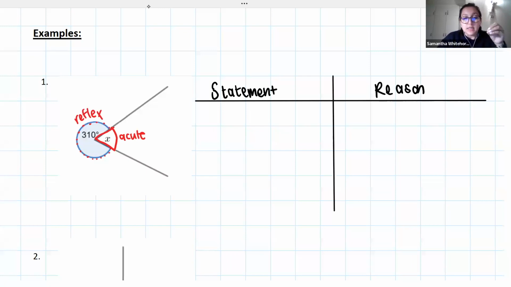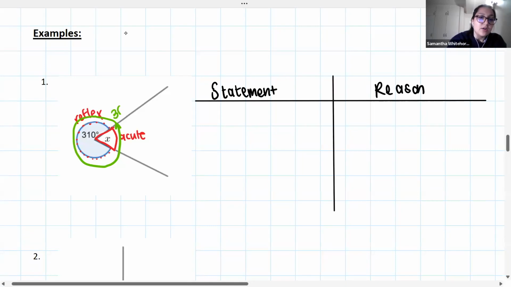What we also see is that if I put the 310 and the X together, what I'm getting is a circle. So if I go all the way around with my acute and my reflex angle, I get a full or complete circle. And we know that that contains 360 degrees. I've already accounted for 310 degrees. I need to figure out the missing angle size.